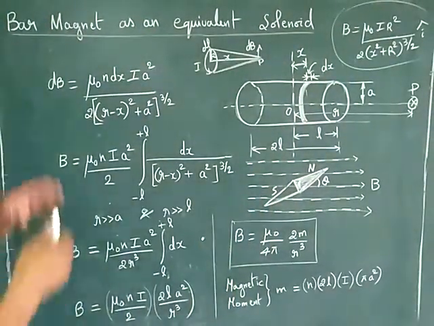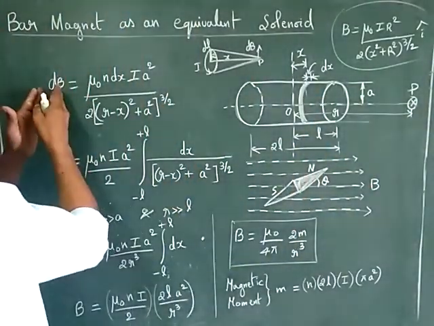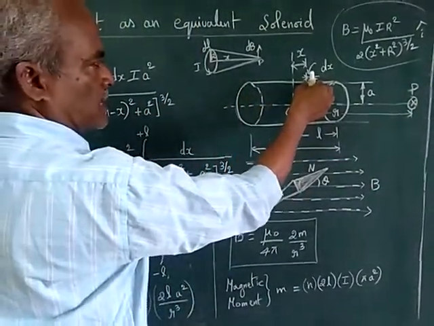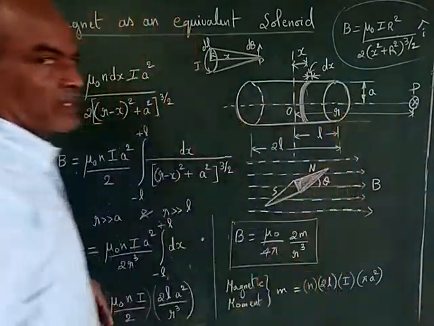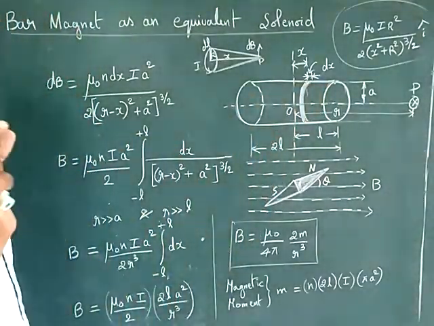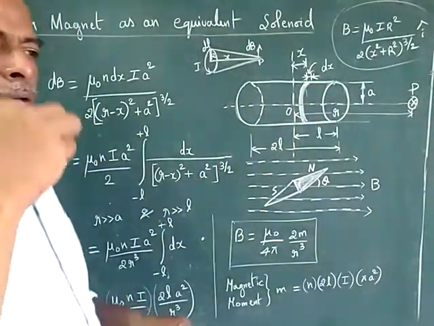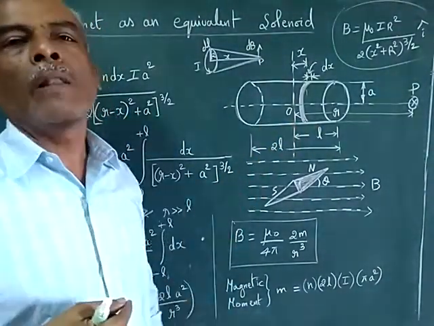Here, we are interested in the magnetic field density at this point, dB. First we will work with a small distance, and later on we will integrate so that we cover from this point to this point. We start with a small dx, a very small width with n number of turns, so the magnetic field produced is also very small.